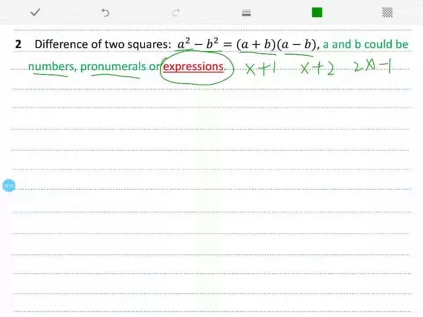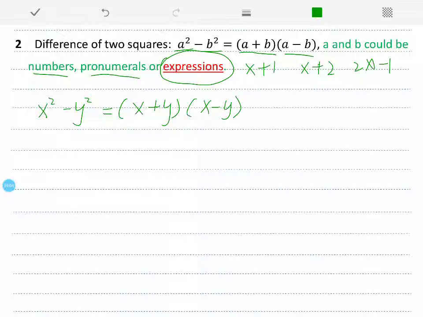Okay? Now, let me give you an example here. Let's do x squared minus y squared. So obviously here, x is the a in the formula, so that equals x plus y times x minus y.